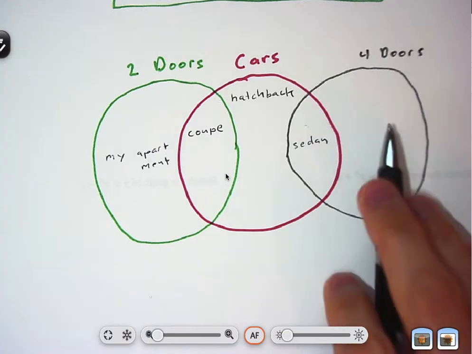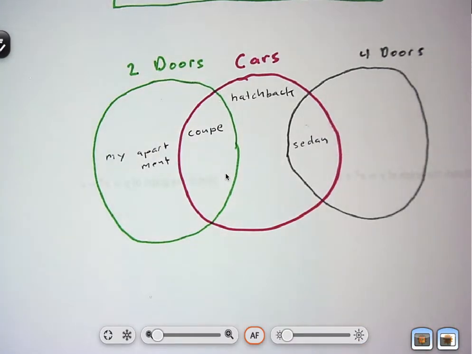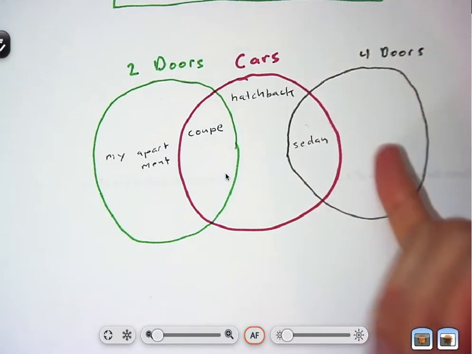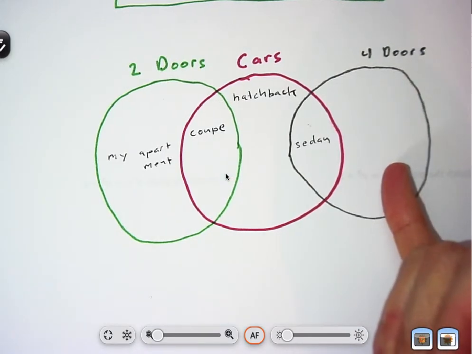And in here are things with 4 doors, but not a car. I'm sure there are rooms in the school that have 4 doors, but are not a car. So that's what would go into this category over here.